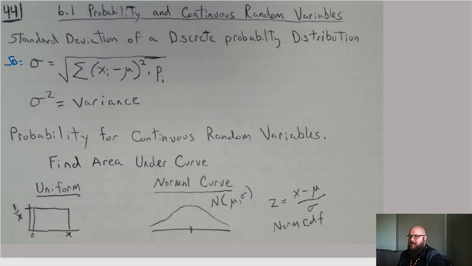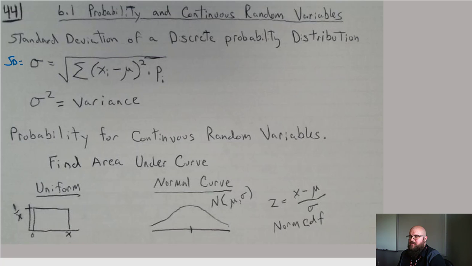Then we're going to talk about getting the variance, in which case it's just squaring the value of our standard deviation. If you know your standard deviation, you can just square it and get your variance. And we're going to talk about probability for continuous random variables and find the area under the curve.